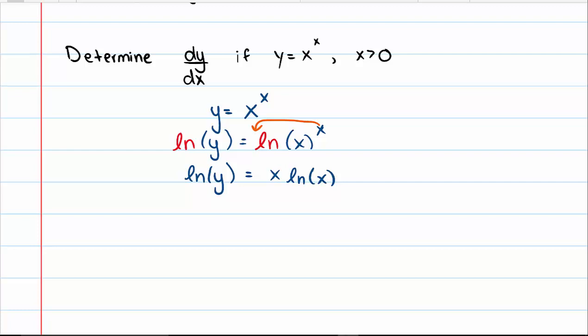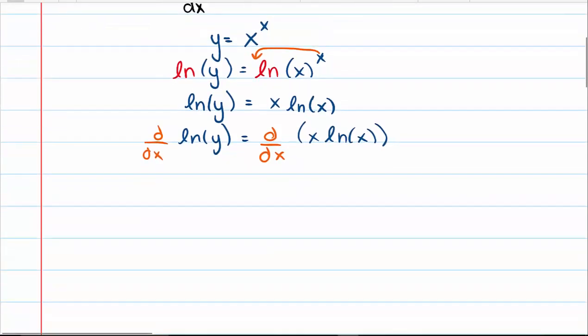So we're actually going to take the derivative of both sides, and this is where the implicit differentiation comes into play. So we're going to take d dx of both sides, and so now, here we go.